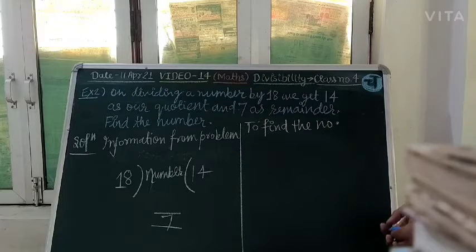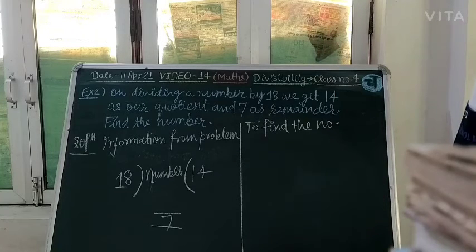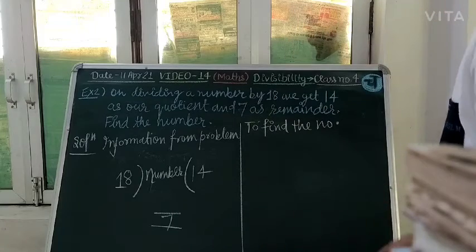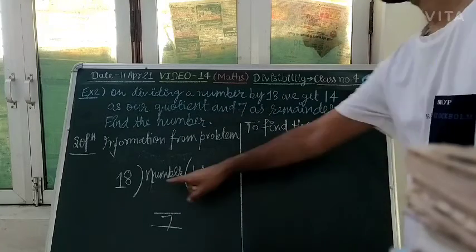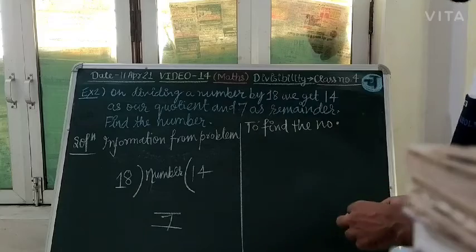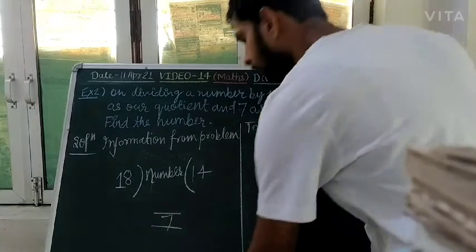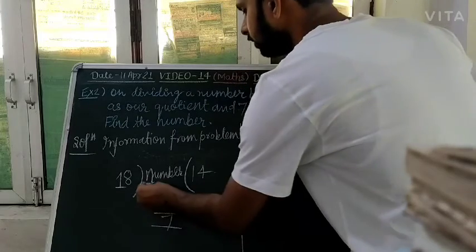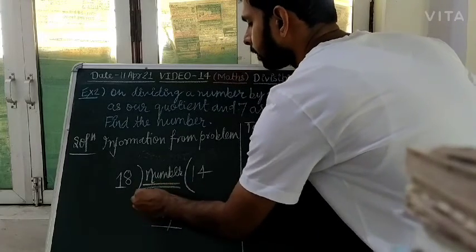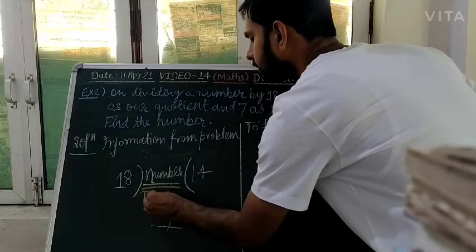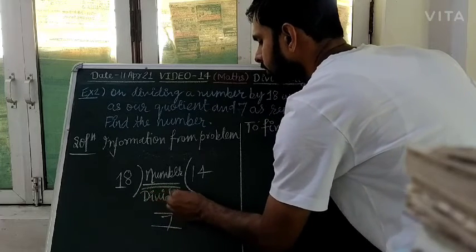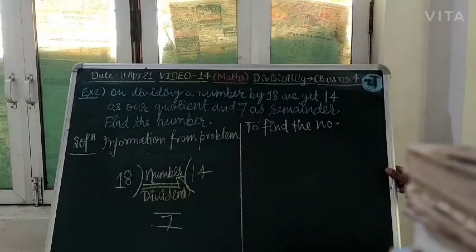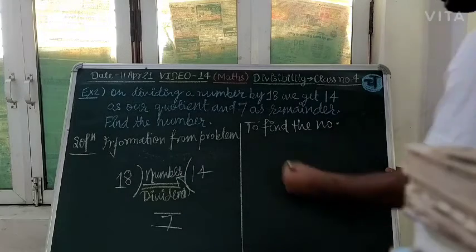So this information has been given to us, and the problem is saying to find that number. So whatever number will be here will be called our dividend. And we know the division formula.